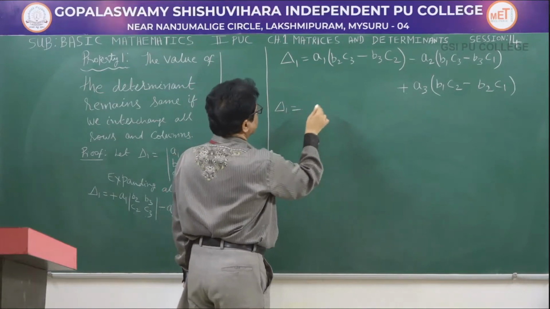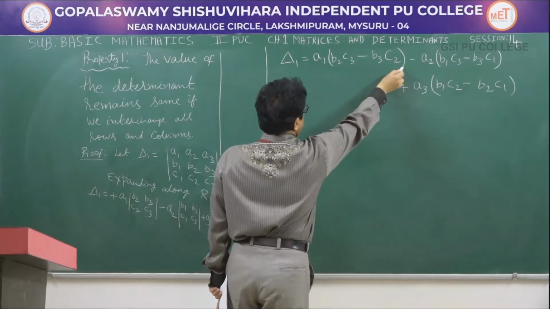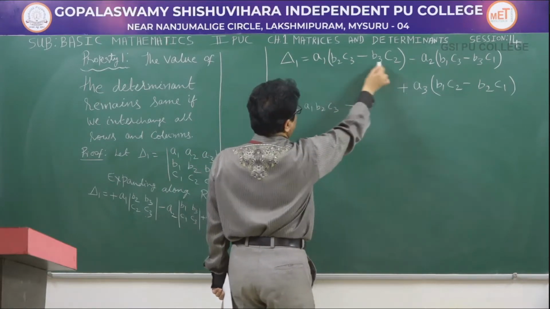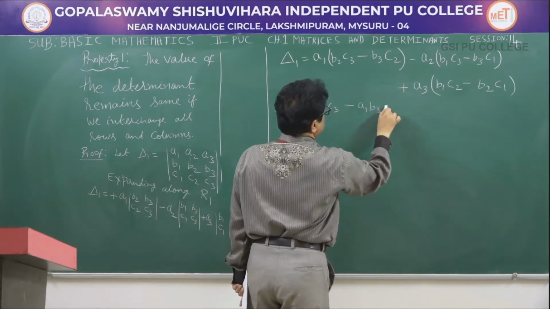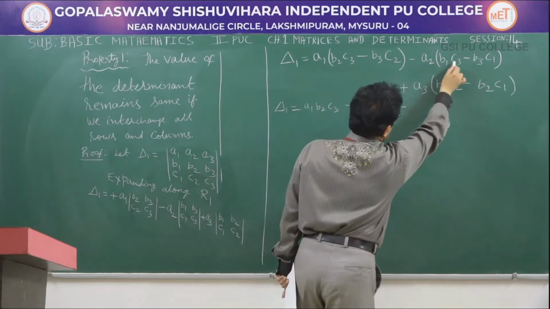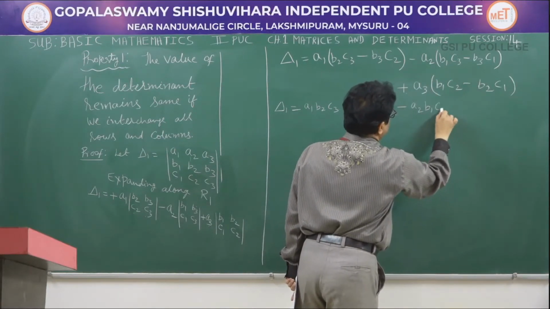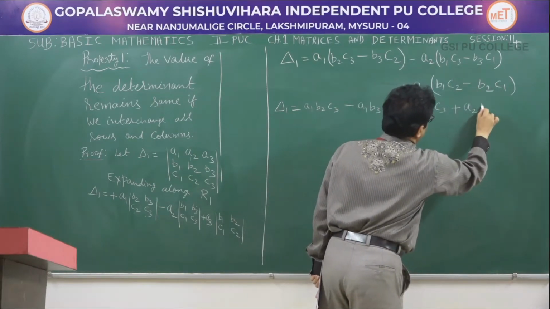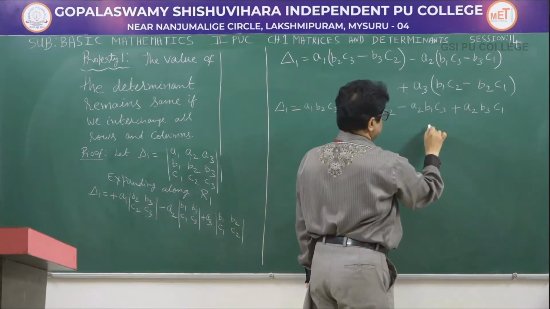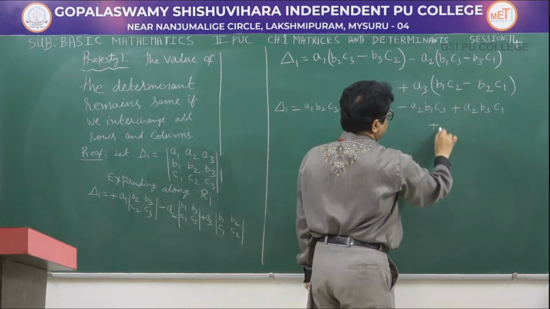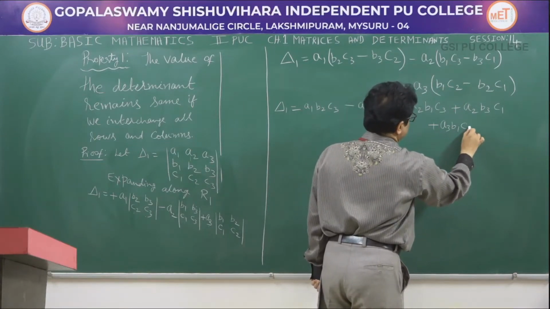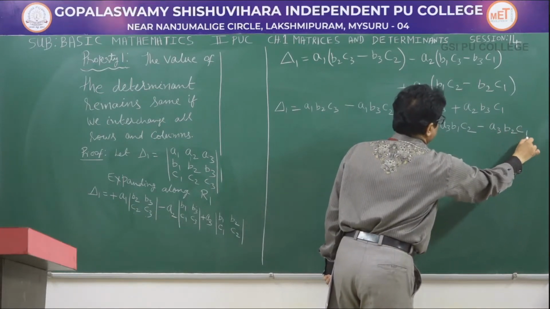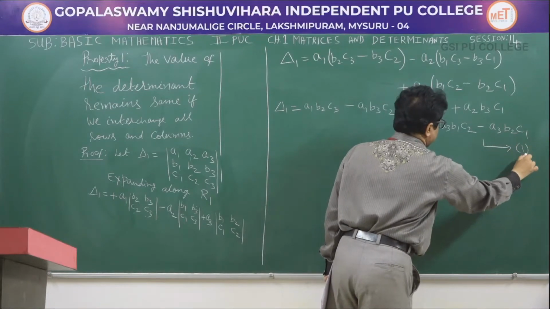So, delta 1 is equal to, let us multiply A1 to this factor. So, A1 into B2 C3 minus A1 into B3 C2 minus A2 into B1 C3, minus into minus plus A2 into B3 C1 plus A3 into B1 C2, plus into minus minus A3 into B2 C1. We call this as equation 1.